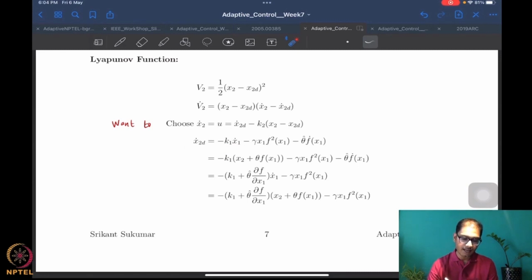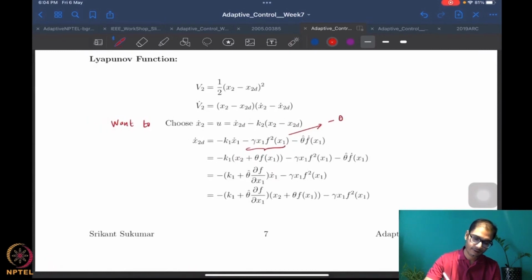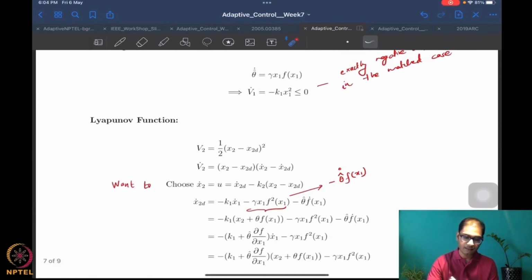Then I get this term, let me write it down, this term is minus theta hat dot f(x1). All right, and if I plug in this theta hat dot here, this is what you get. Okay, this term is just minus theta hat dot times f(x1).